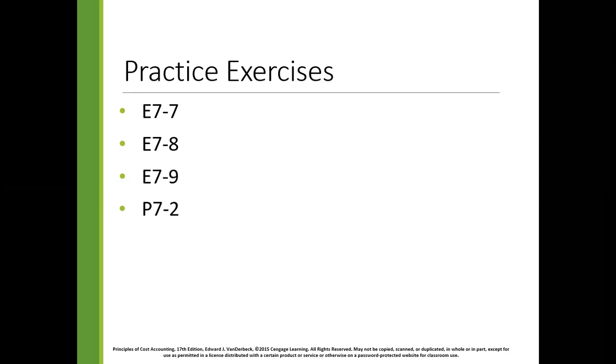I think we're going to do 7.7, 7.8, 7.9, and then probably 7.2. We'll see how this ends up working out. I think what is most likely going to happen is we'll get through 7.7, 7.8, 7.9 in class. Problem 7-2 goes through several of the budgets, so that might be one that I do an additional recorded lecture for, but we'll see how far we get with it in class.